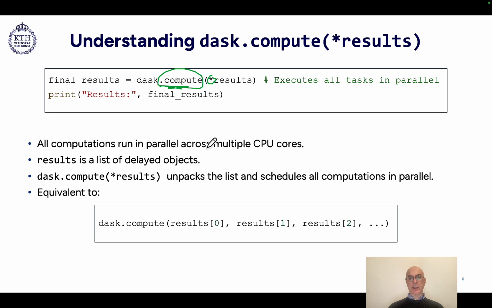This is just a compact way to pass our results, which is a list of delayed objects. The dask.compute star results just unpacks the list, schedules all the computation in parallel and executes it. So this star results is basically equivalent to this form here at the bottom.